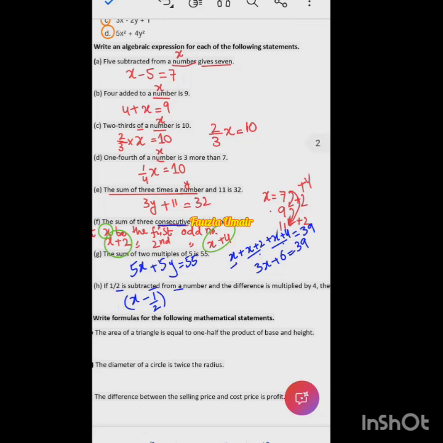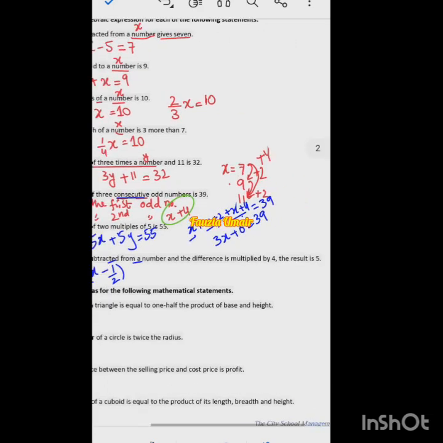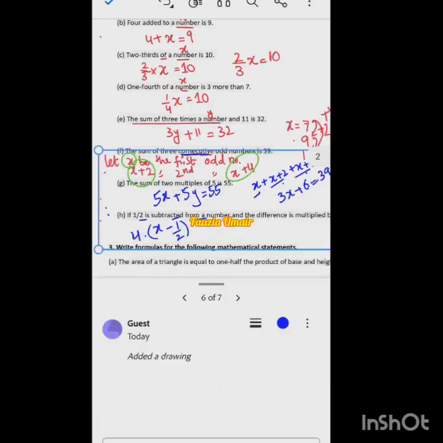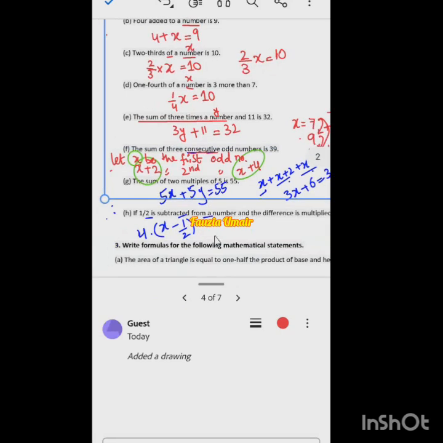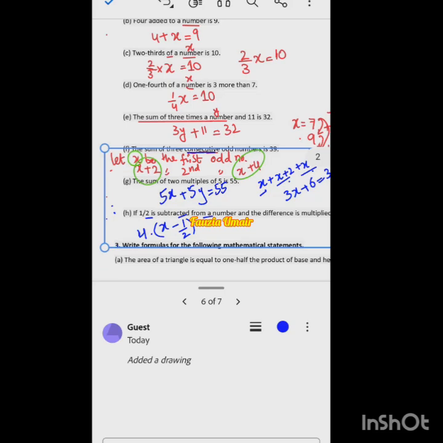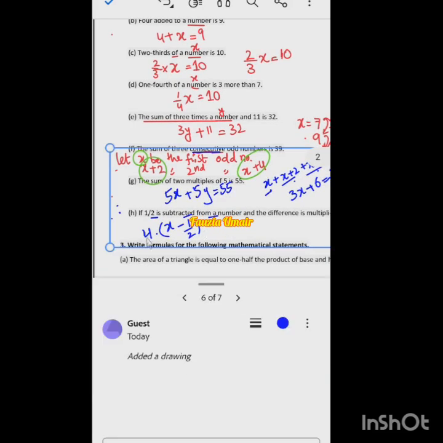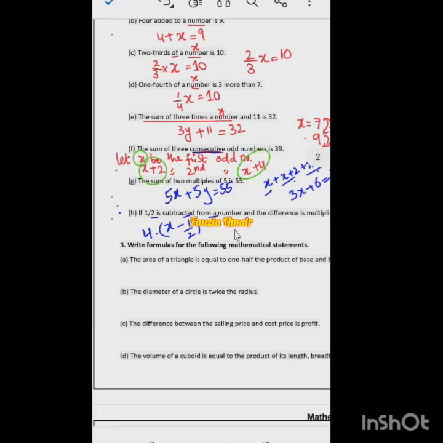Okay, you can write it down afterward. The result is 5. So the result is equal to 5. Okay?